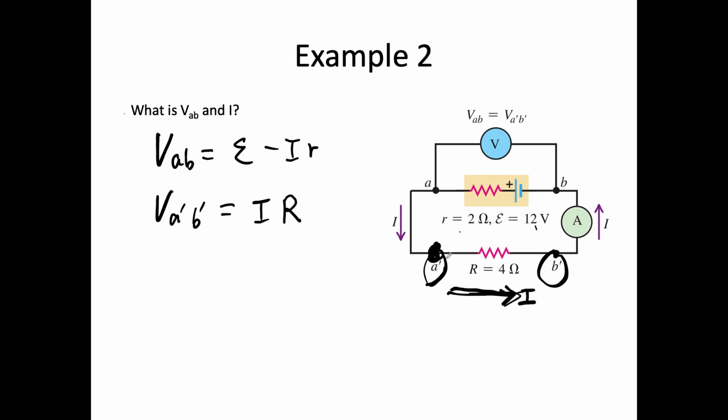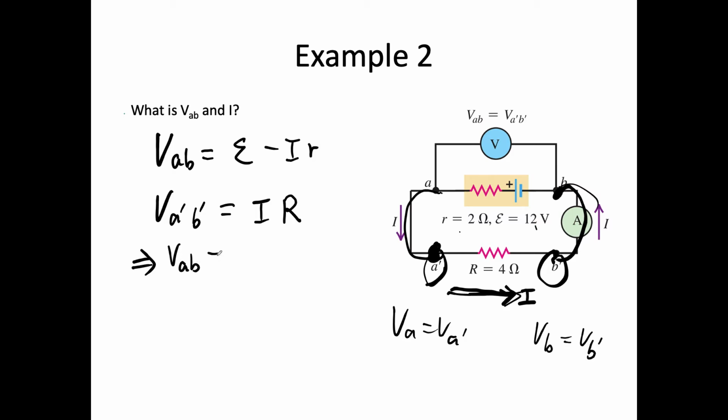Now we check: A and A' are connected by one wire, so we should have V_A equals V_A'. B and B' are connected by one wire. You can imagine the resistance of the ammeter to be 0. So V_B equals V_B', which also gives us V_AB equals V_A'B'.